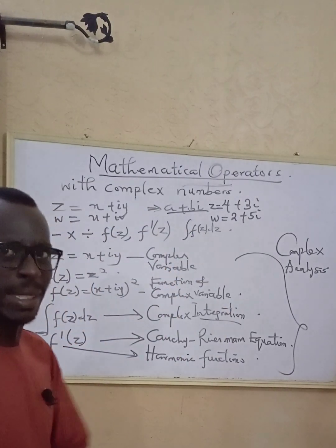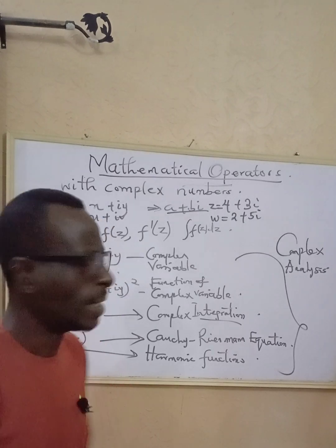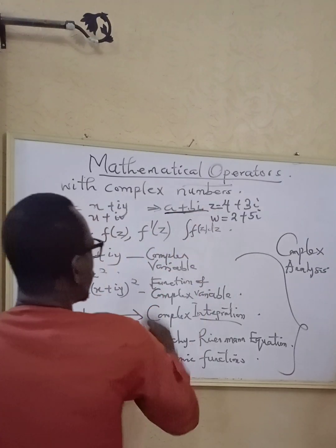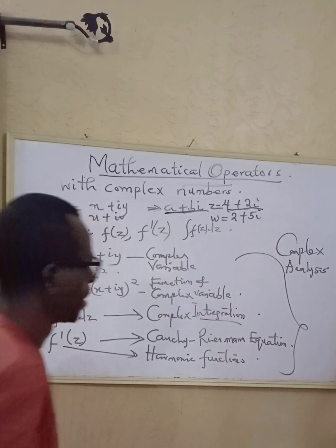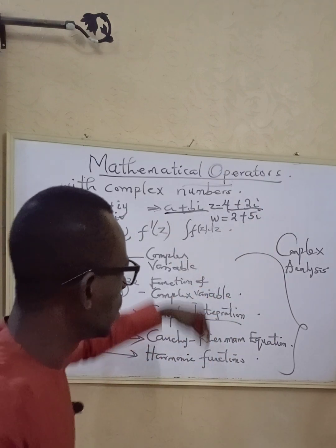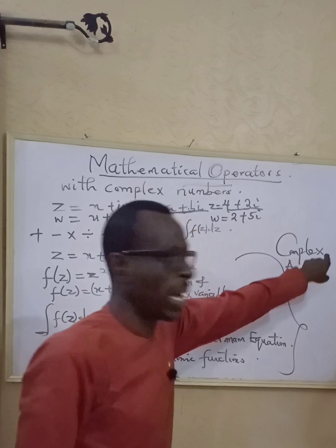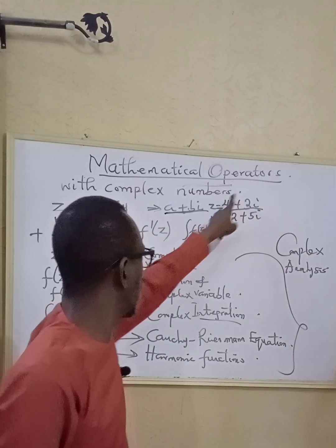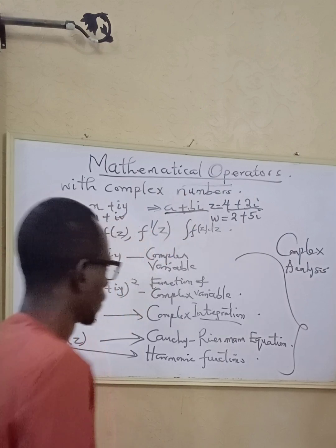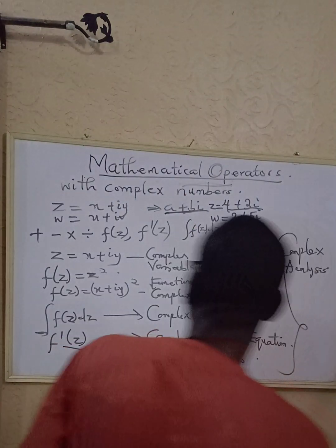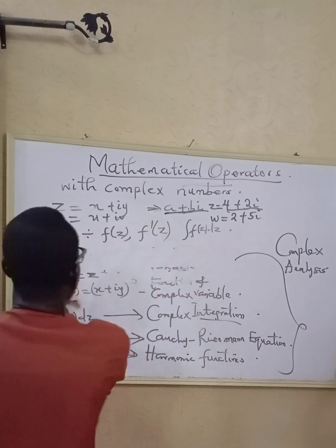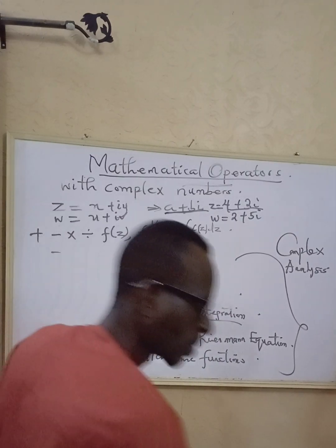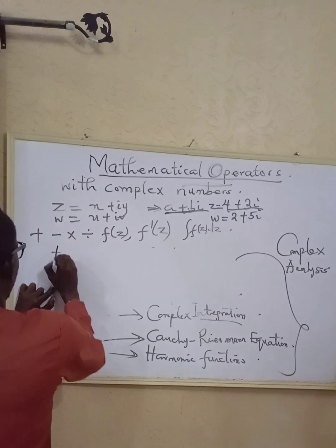But how can we relate this to fashion designing? We have established the fact that we have a complex variable, the complex number. Everything that has to do with this analysis has to become part of a complex. Let's look into fashion designing.